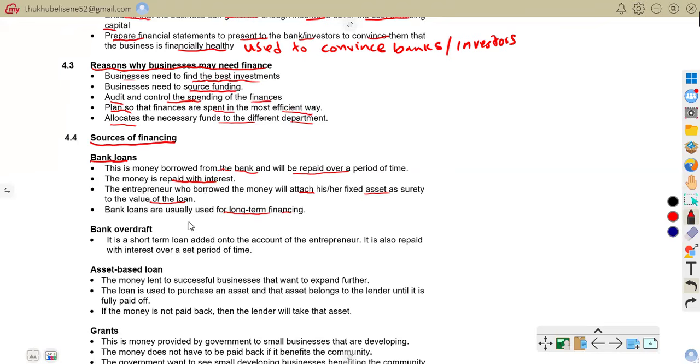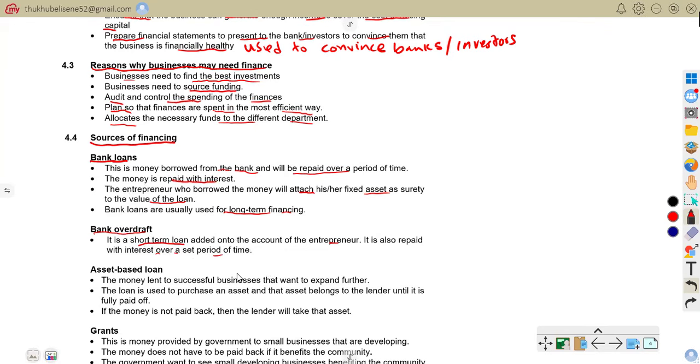Now we come to bank overdraft. A bank overdraft is a short-term loan on a bank account. Unlike the bank loans we talked about, which are usually long-term, a bank overdraft is a short-term loan added to the account of the entrepreneur, and it is also paid with interest over a period of time.